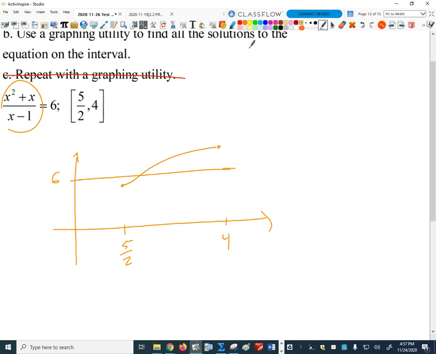We're just going to say if this is f of x, f of 5/2 is equal to 25/4 plus 5/2, which is going to be 35/4, divided by 5/2 minus 1, which is 3/2. That's going to give me 35/6.